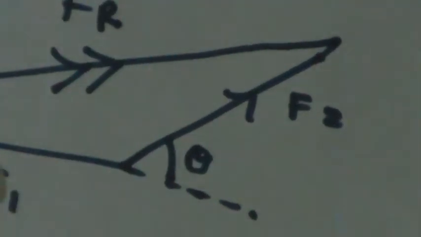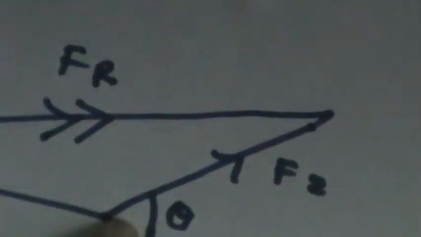So what I'll actually do is construct a parallelogram here. I have one side, this one. I'll draw a parallel line that goes through this point and is parallel to F1. I will also construct a parallel line that goes through this point and is parallel to this side.